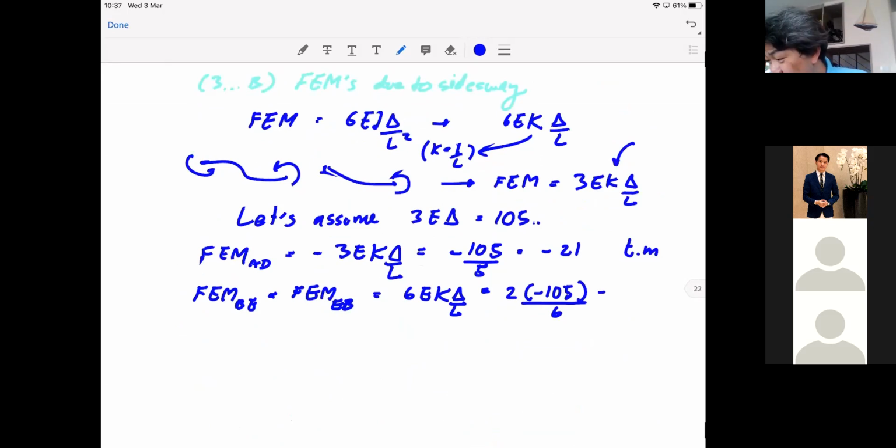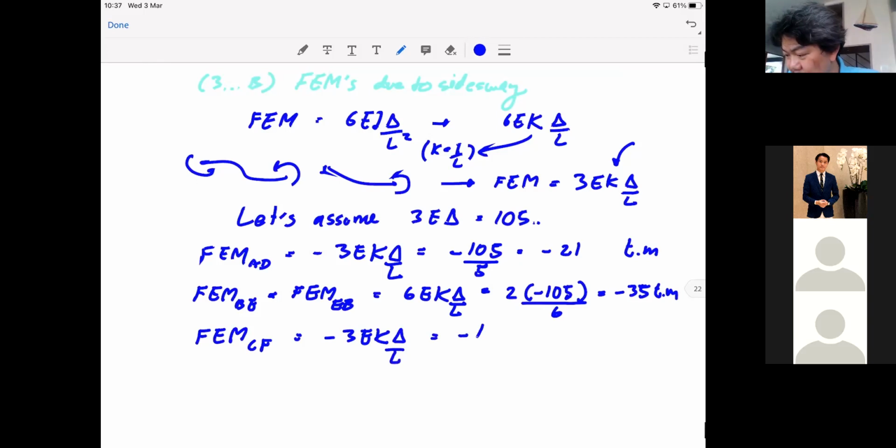Right here I got minus 35 ton meter, and then the last one, FEM CF, is also minus 3EKΔ over L, which is minus 105 over 3.5. That is minus 30 ton meter.